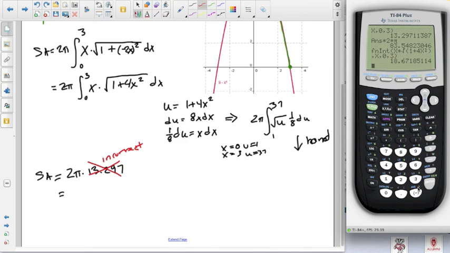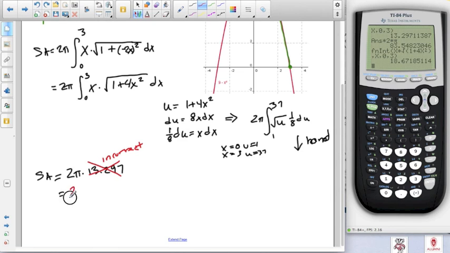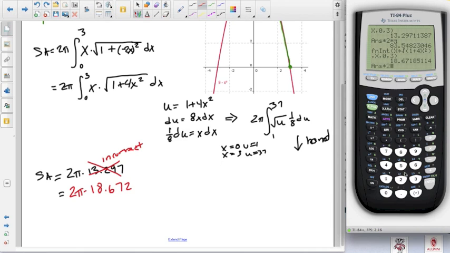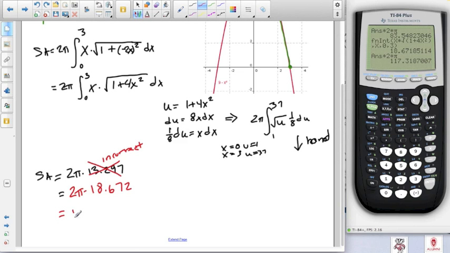So that integral really is 18.67. So it's 2 pi times 18.672. And then when we multiply by 2 and by pi, we get an area of 117.319, appropriately rounded, square units.